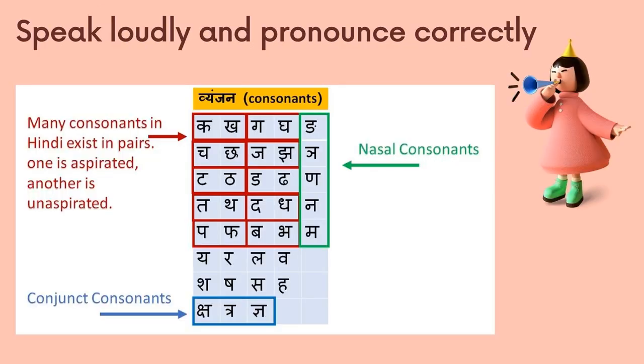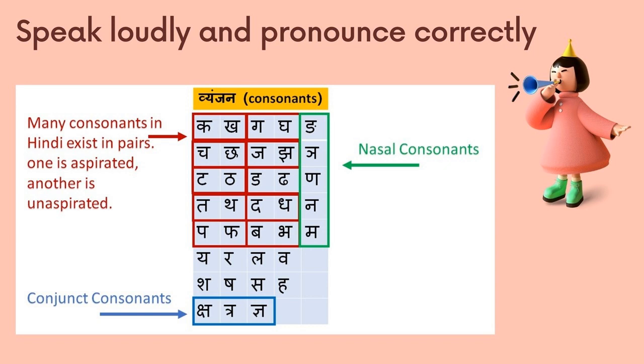Now look at the consonant chart in 3 parts, colored red, green and blue. The first part in red color shows many pairs. Each red box is one pair, where one consonant is aspirated and the other one is unaspirated. Both the consonants sound the same. The second part is shown in green color.